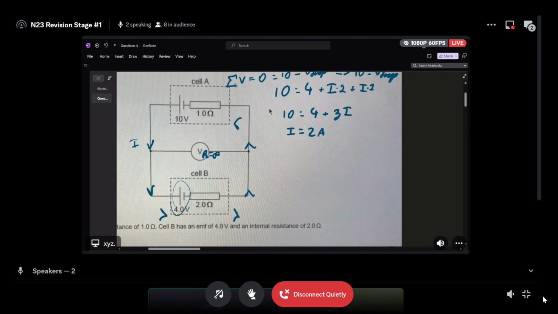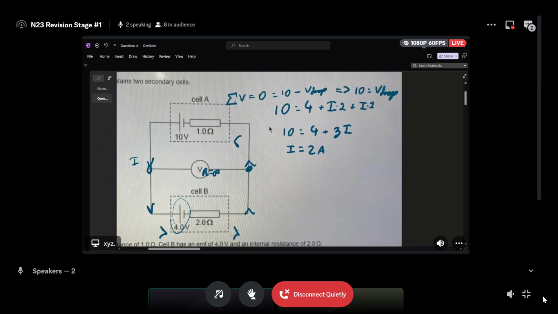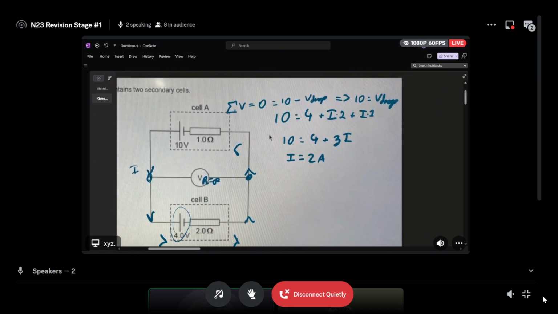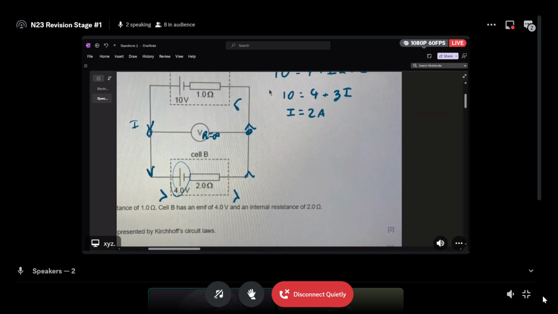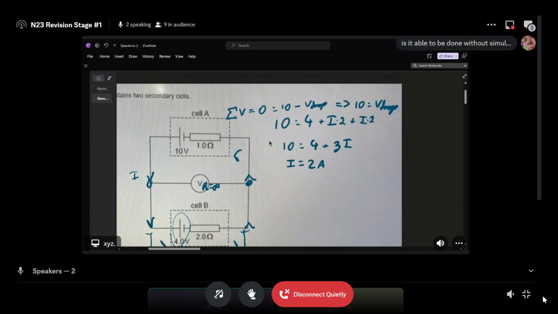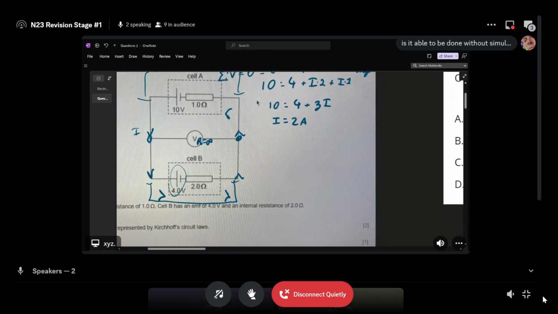And then to solve for the potential difference across these 2 points, we can do this either 2 ways. We can find the potential drop across this whole half over here, or the potential drop across this half, and you'll find that it's the same because of the symmetry of the setup.